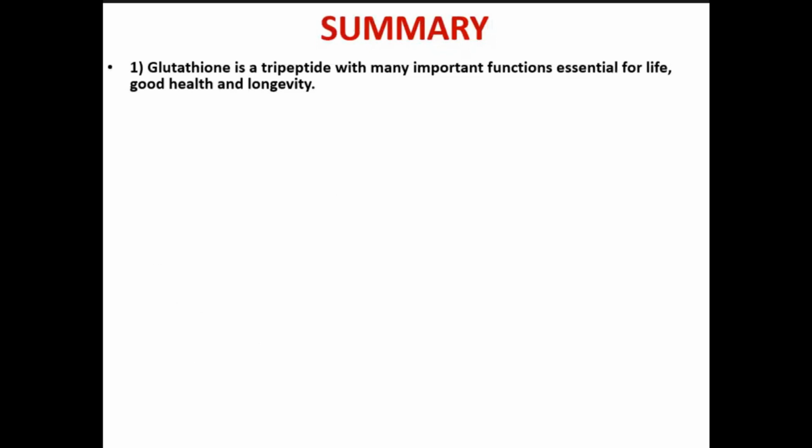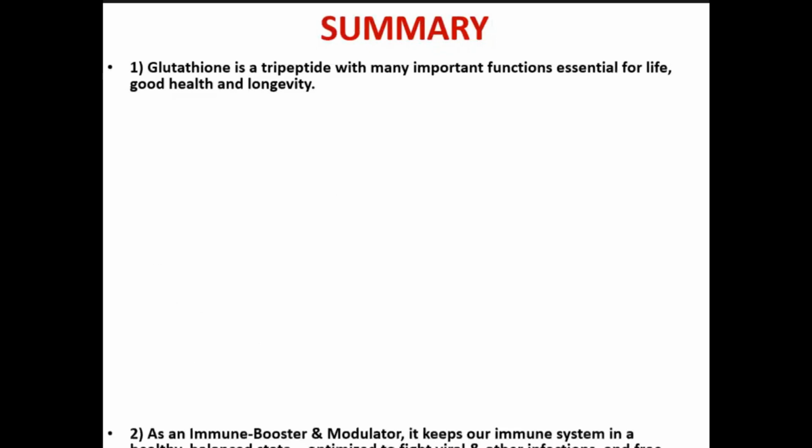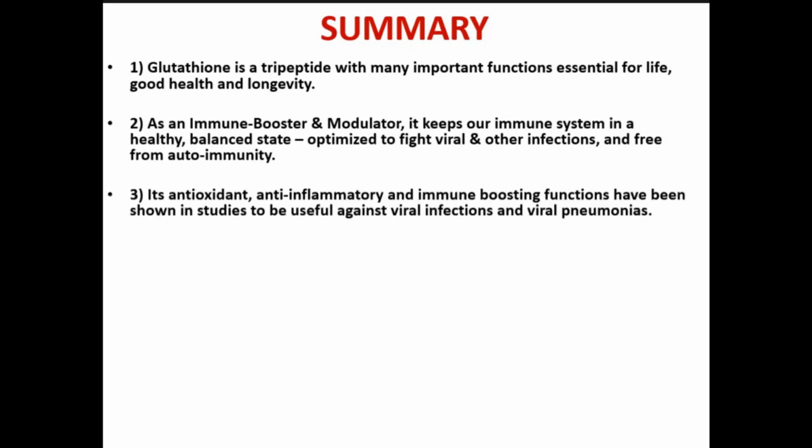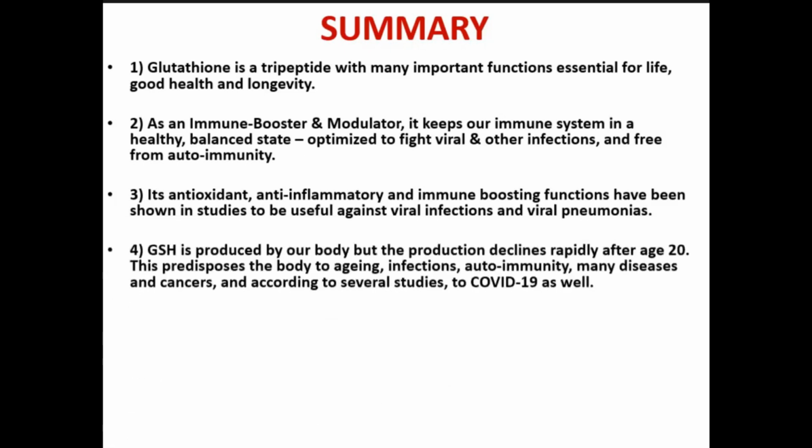Summary: glutathione is a tripeptide with many important functions essential for life, good health, and longevity. As an immune booster and modulator, it keeps our immune system in a healthy, balanced state, optimized to fight viral and other infections, and free from autoimmunity. Its antioxidant, anti-inflammatory, and immune-boosting functions have been shown in studies to be useful against viral infections and viral pneumonias.